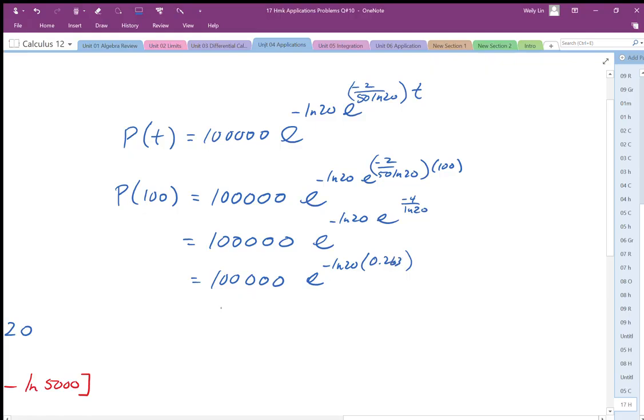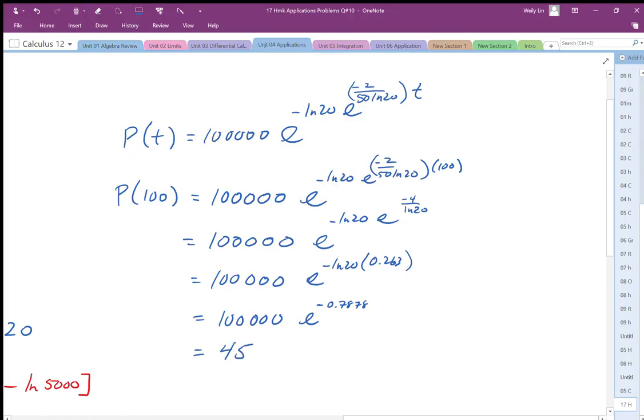Okay, when I work out the exponent part of this, I end up with e to the negative 0.878 approximately, and then this works out to be the solution, which was about 45,000.